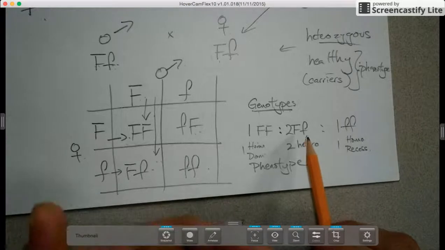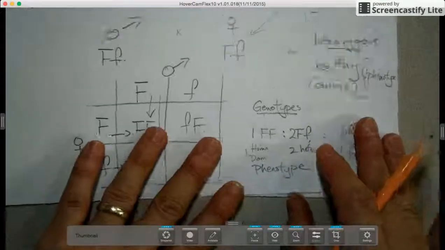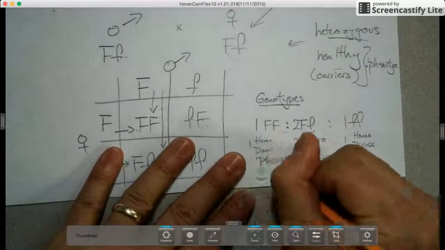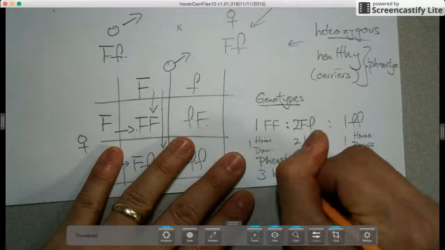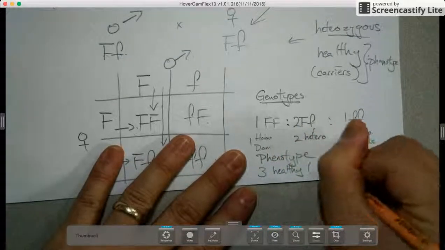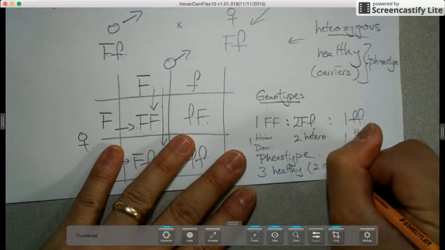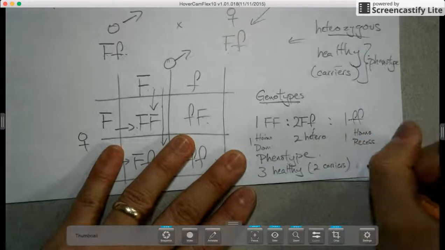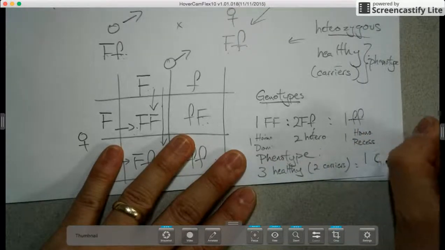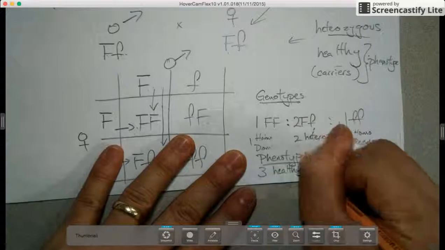They will carry the gene. So in this case, you have three healthy kids, even though two of them are carriers, and one kid with CF. Do you guys follow so far?